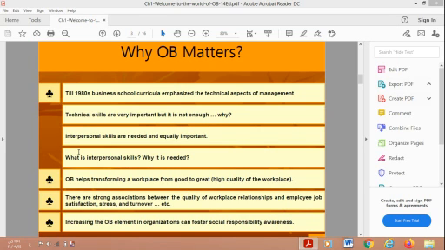Okay, so here a question: what are the interpersonal skills? Again, interpersonal skills are the ability of the persons or the managers to get along with others, deal with others, and communicate with others. Also, they include the leadership skills and motivating others. Why are they needed?